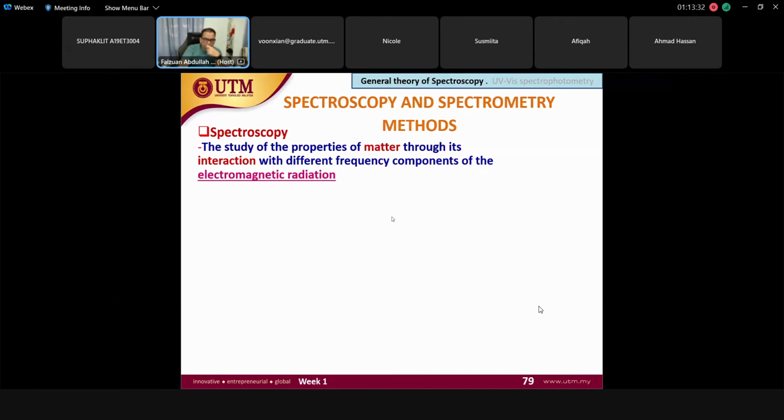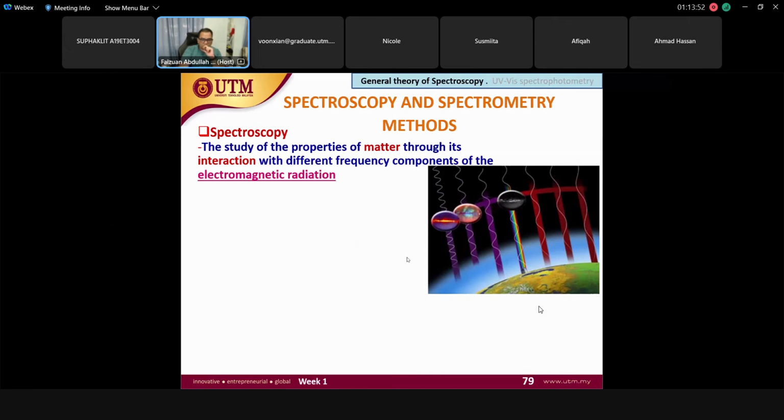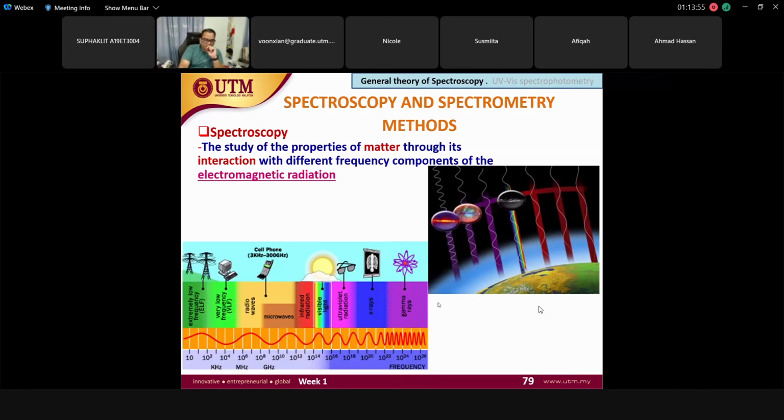So spectroscopy is a study of the properties of matter through its interaction with different frequency components of the electromagnetic radiation. So the light, the spectrum, is electromagnetic radiation. You can see that from the illustration. We have the extremely low frequency ELF, we have very low frequency VLF, we have the radio wave, we have the microwave.